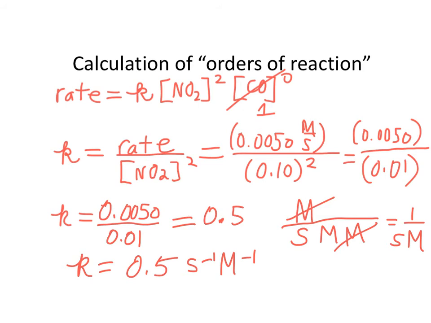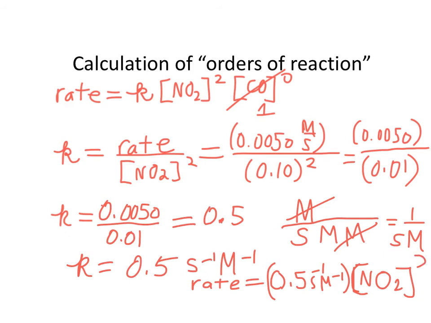And if you wanted to write the entire rate law out, you would write rate equals 0.5 s minus 1, M minus 1, times, these are brackets, NO2 squared.